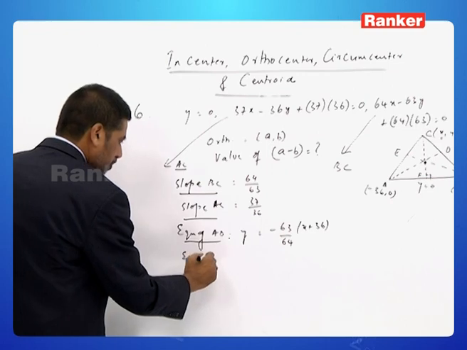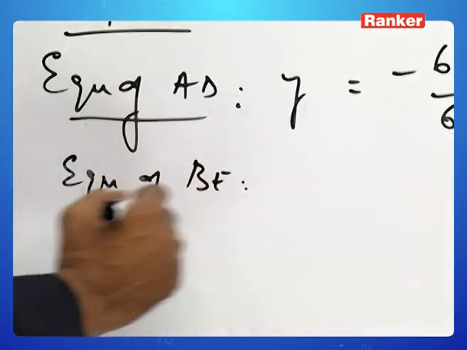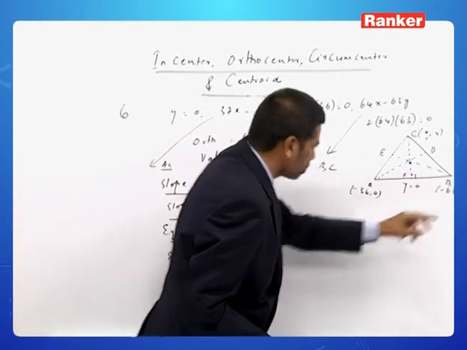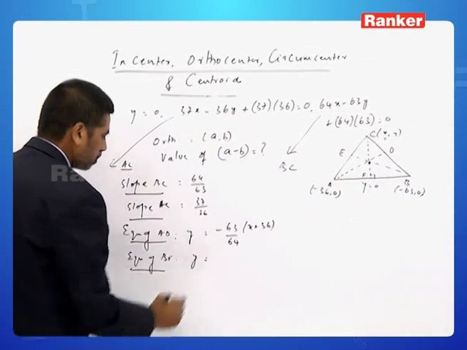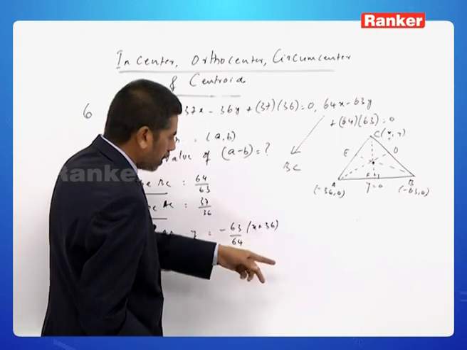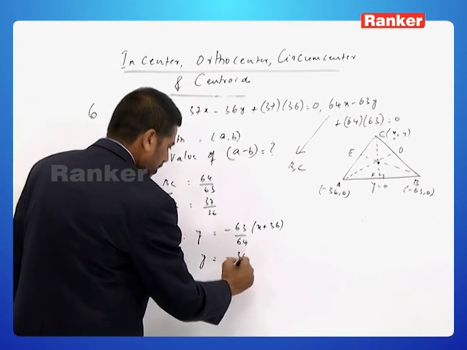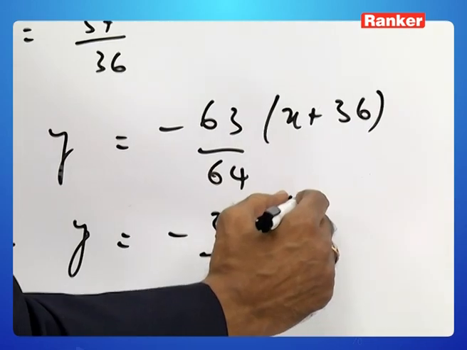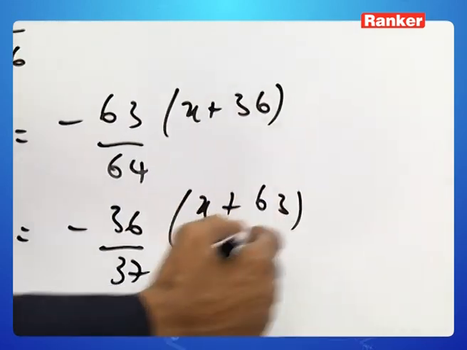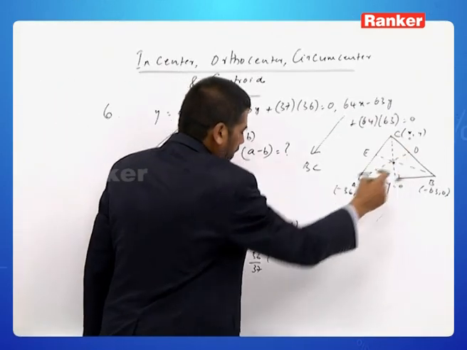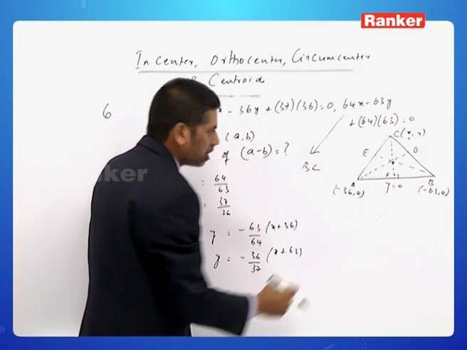Similarly, equation of BE will be again y minus 0, that is y, is equal to the negative reciprocal of the slope of AC. So that is minus 36 by 37 into x plus 63. Now you can clearly see this is the line AD, first one, and the second one is BE.